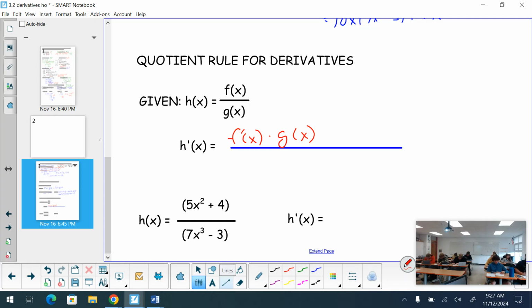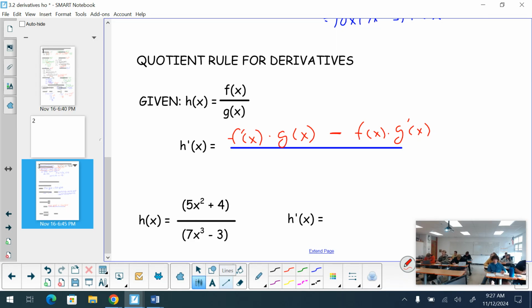And the second one is the top times the derivative of the bottom. Same thing we had with the product rule. But the difference with this is we throw a subtraction in there. This turns into a subtraction.